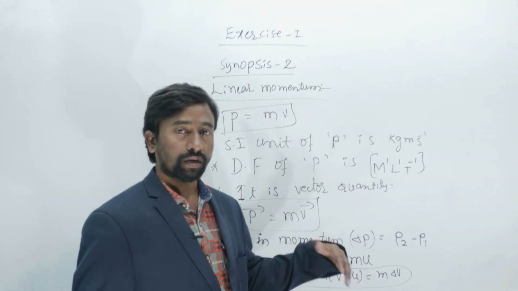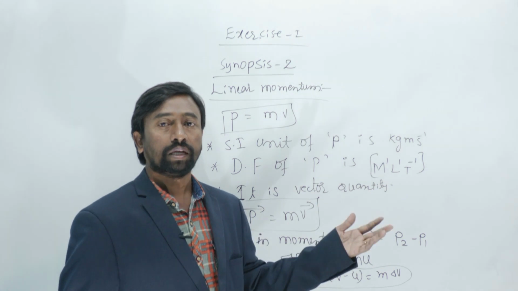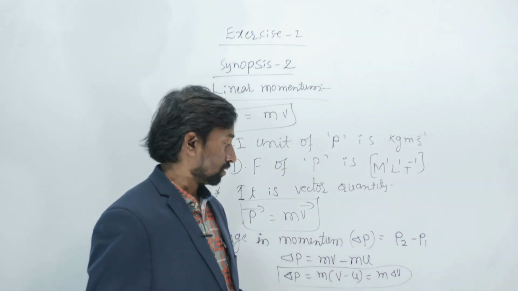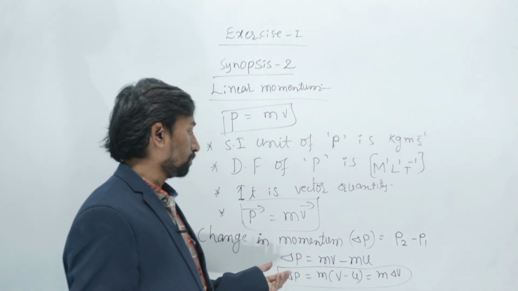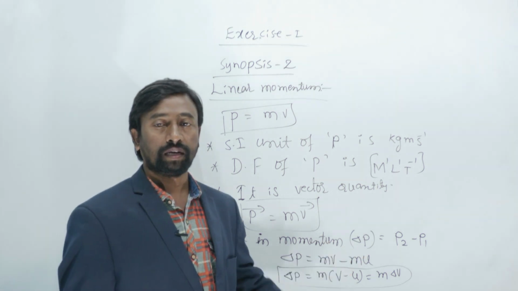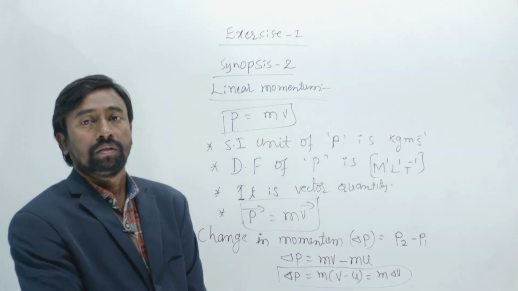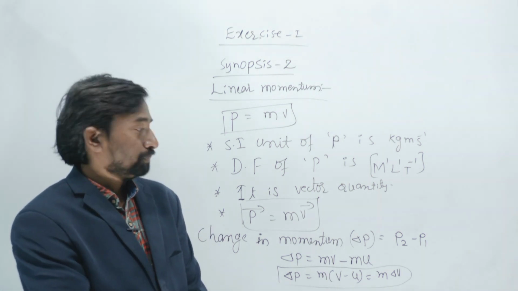After traveling a certain distance, after some time, it gets a final velocity. In that journey, the difference between the final and initial momentum is known as the change in momentum.